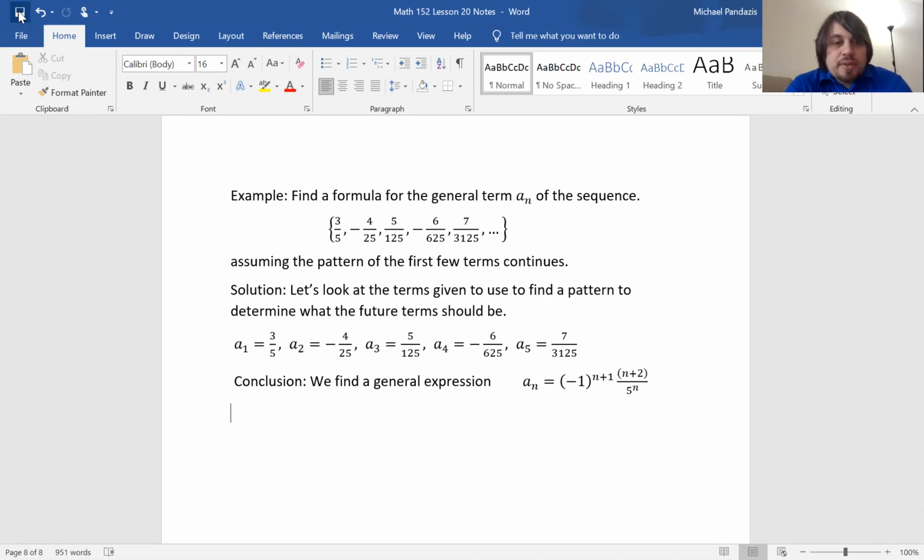So now let's do another example. This example is looking at the Fibonacci sequence.